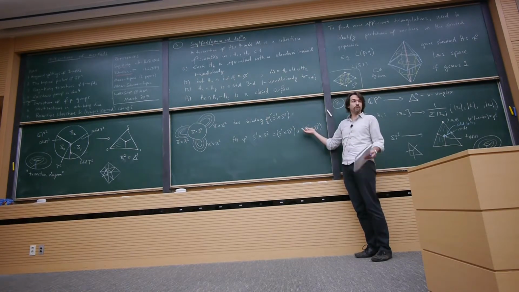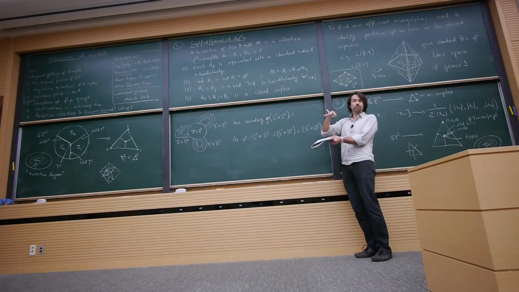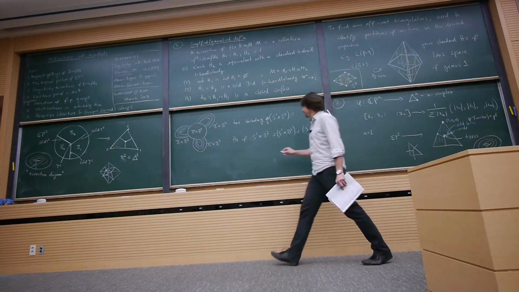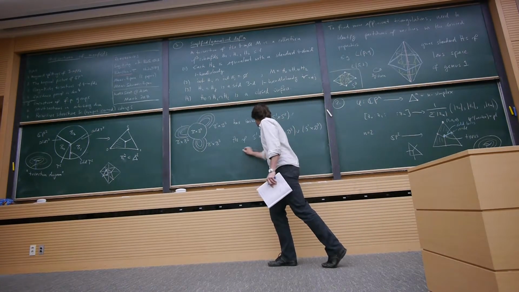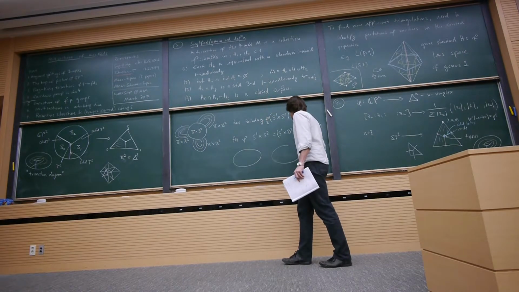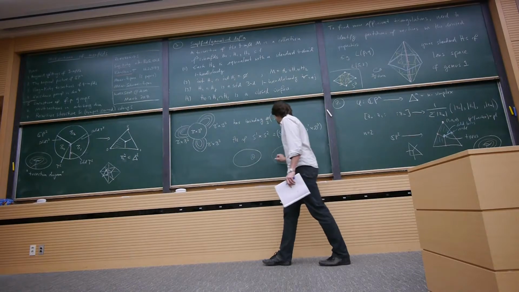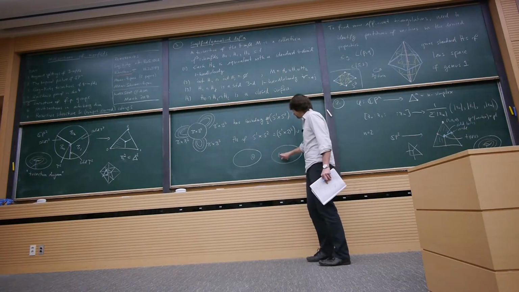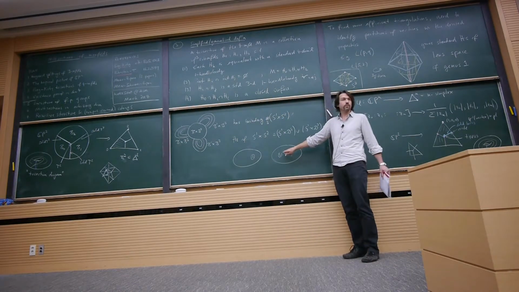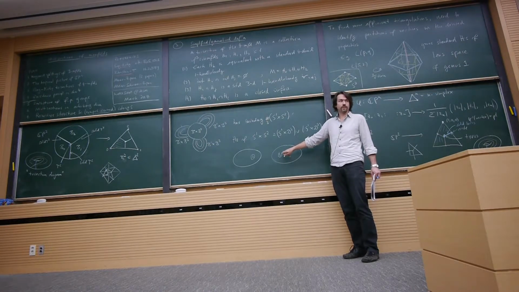So once you have a Heegaard splitting, of course, you can connect sum Heegaard splittings. What's a connect sum? You have 2 manifolds, you take out a ball here, you take out a ball here, and then you identify along the boundaries. That's a connect sum.